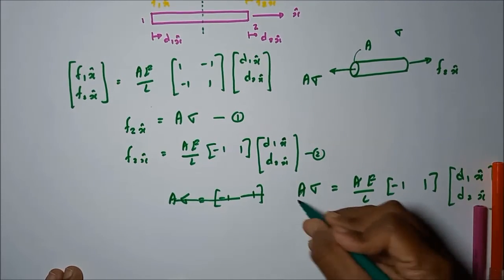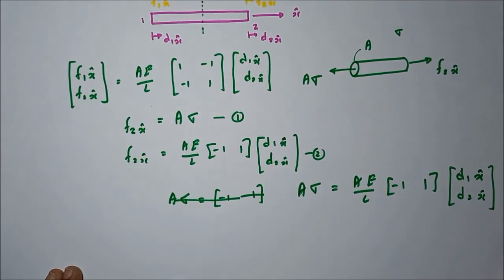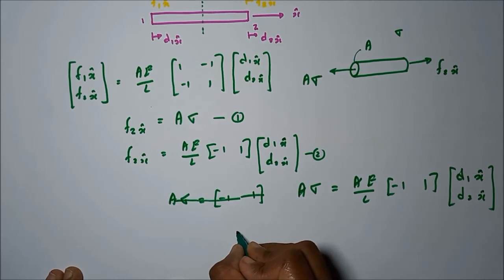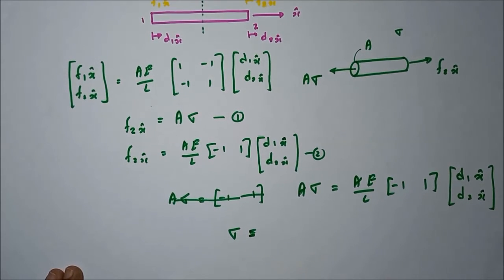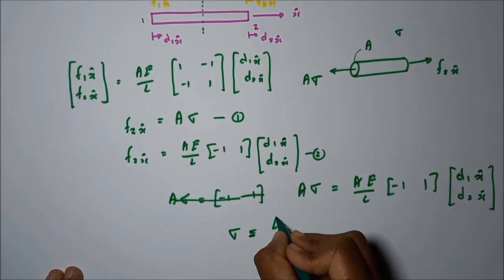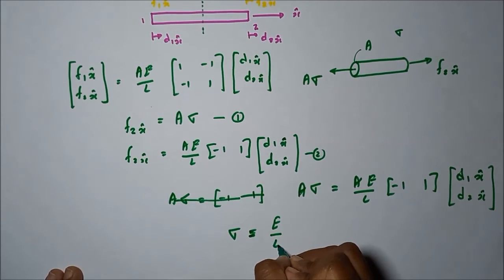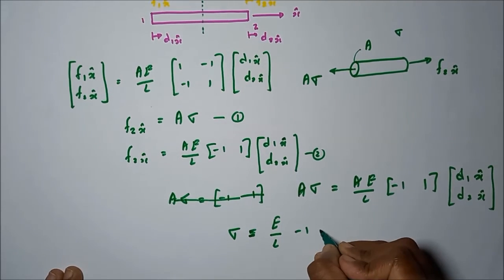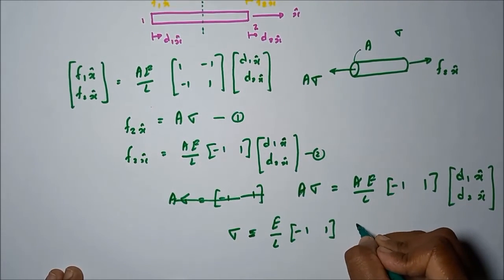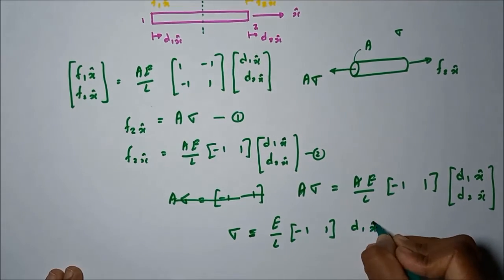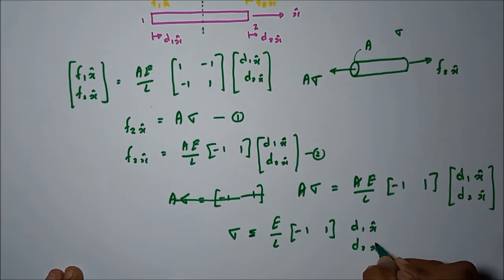Sorry, I missed AE divided by L. Okay, then we can cancel A. For the sigma, we have the equation: sigma equals E divided by L times [-1 1] times d1 x hat, d2 x hat.